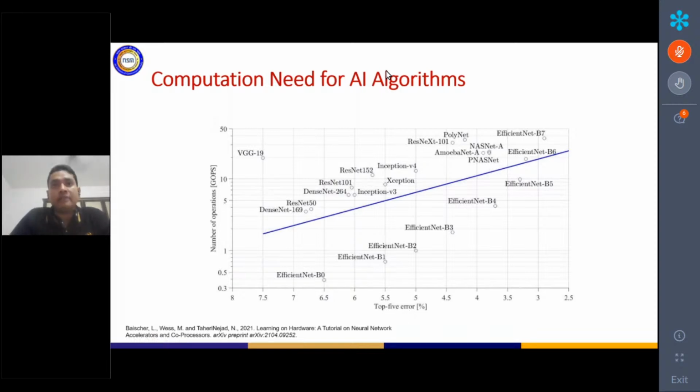And top 5 error is whether the true class of this particular image or video that you are trying to classify lies in the top 5 guesses of these algorithms, and how much percentage of the time they can guess that. So that is the measure of this top 5. So if you want to increase the accuracy, this is basically the graph showing the accuracy versus the number of operations that need to be processed for these benchmarks.